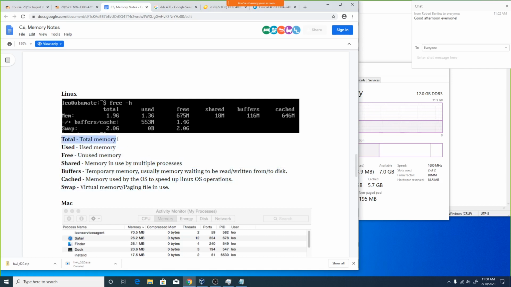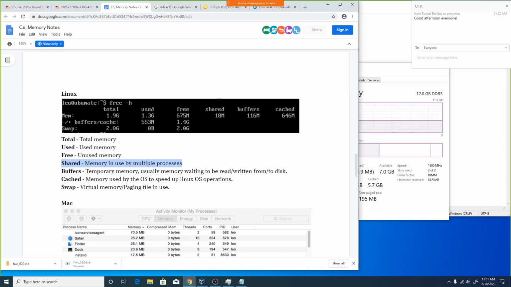Total memory. That's self-explanatory, right? Used memory, 1.3 gigs in this case. Free memory is literally not being used, not being touched at all. Shared memory. We haven't talked about libraries much yet. I think I may have said the word, but that's about it.